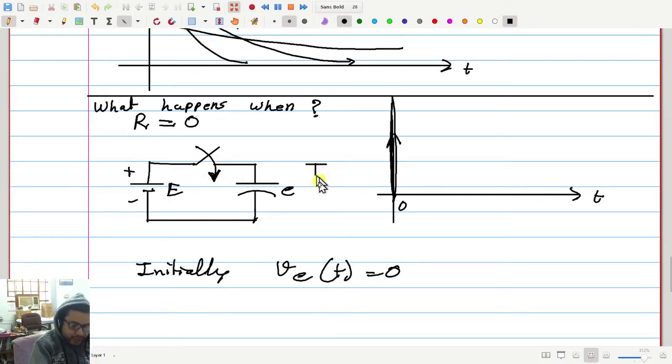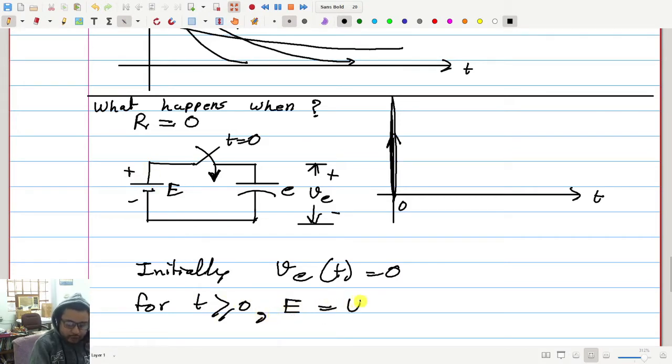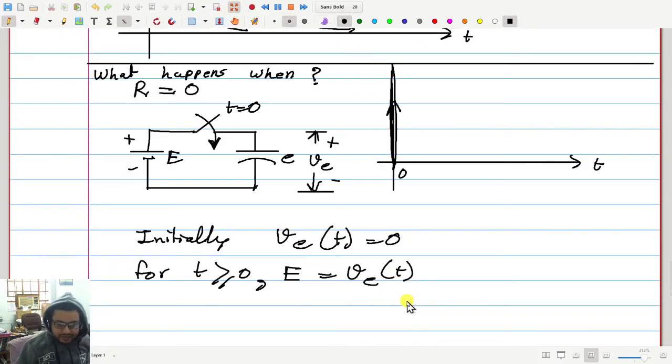But at the same time we are saying that from the moment the switch is closed, for t greater than or equal to 0, we must have the voltage E equal to Vc. So these two things are conflicting with each other, so I will avoid trying to answer this.